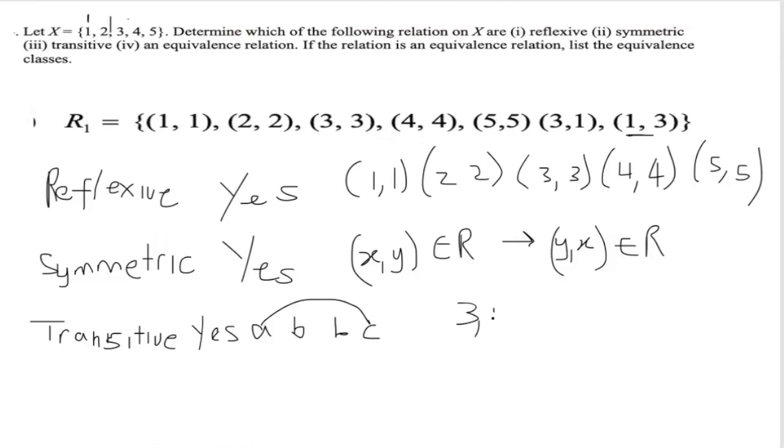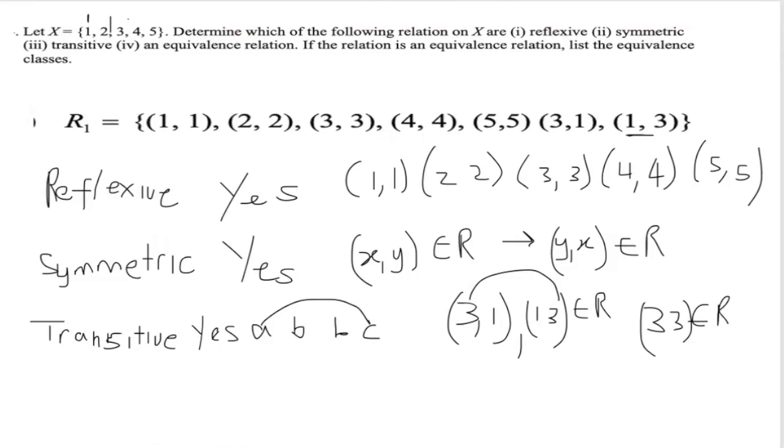I have (3,1) in the set, but I also have (1,3). So both of these are in the relation. And within these two, I also have (3,3) in the relation. So because (3,1) and (1,3) are elements of the relation, and I also have (3,3) an element of the relation, that tells me that indeed it is transitive.